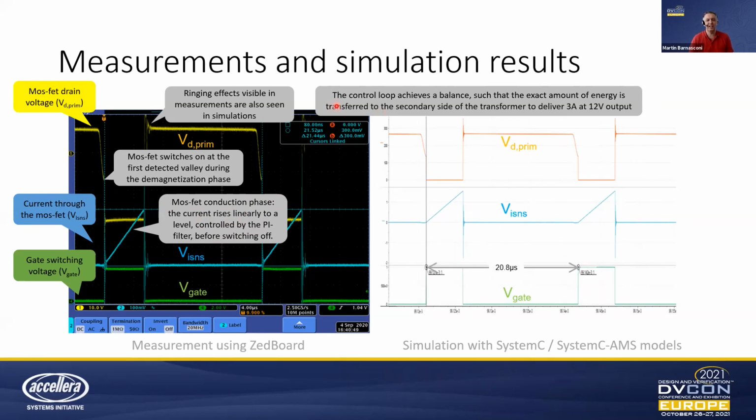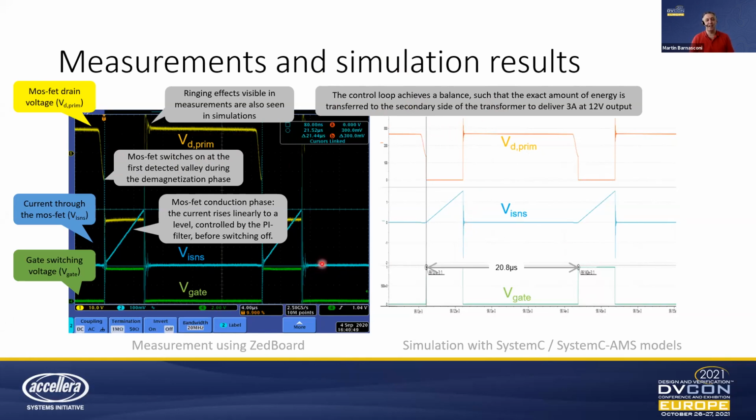What was also very nice to see is that some imperfections we have in the system due to the components we use show up in real life, but we also have those imperfections in the simulation model. So some ringing you see when components switch on and off is also there. So really good comparison was possible.